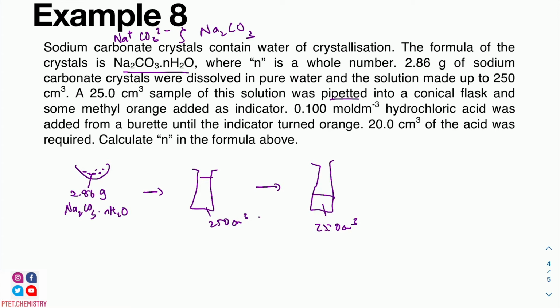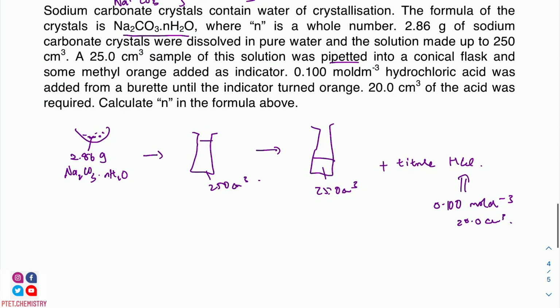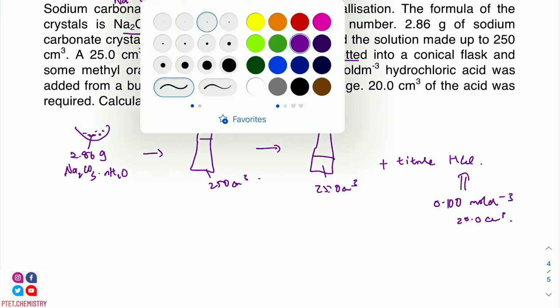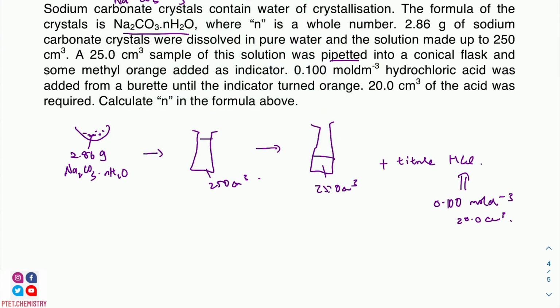And then you titrate it against HCl. How much HCl do you need? Well, you have the concentration, which is 0.100 mole dm cube HCl. You have 20.0 cm cube of acid required. So I hope you can see that from here to here, that is just dissolving in water.